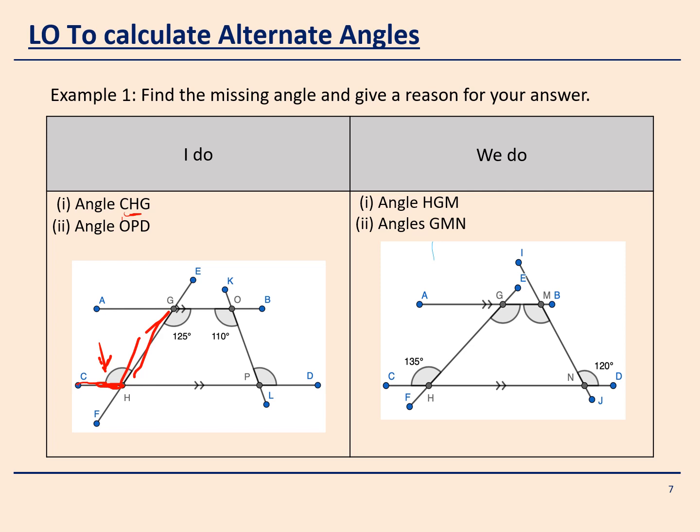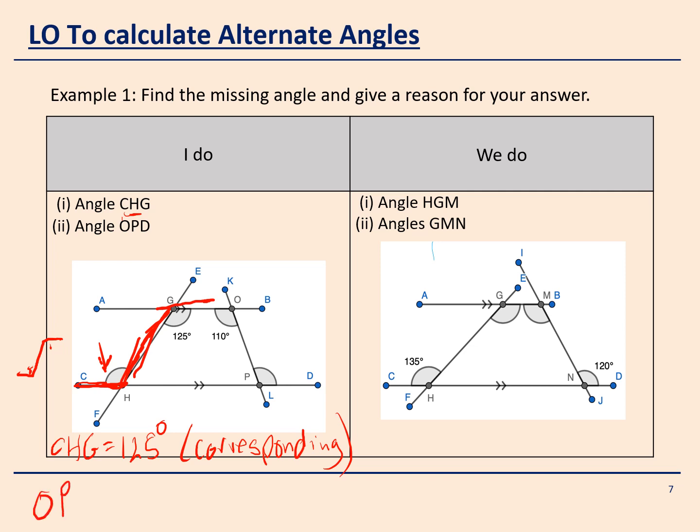What is that alternate to? If I draw a line up to there, I can see a back to front Z. So 125, so CHG equals 125 degrees, and it's corresponding. That's the reason.